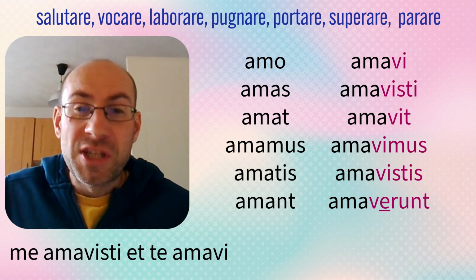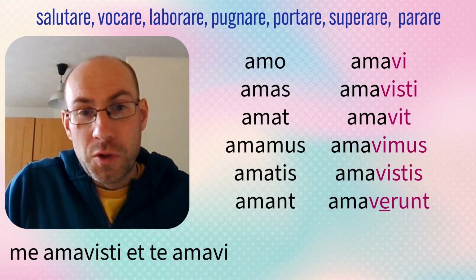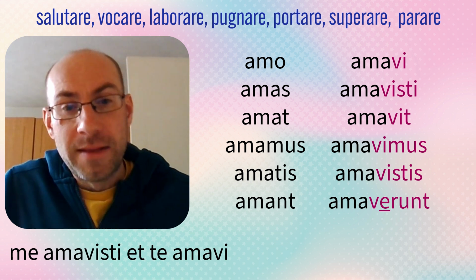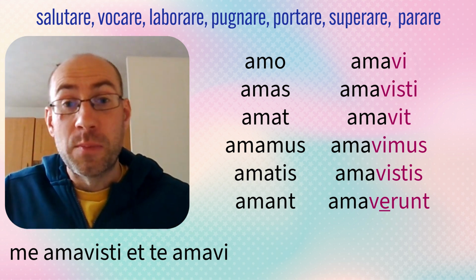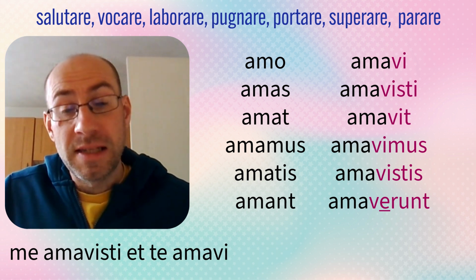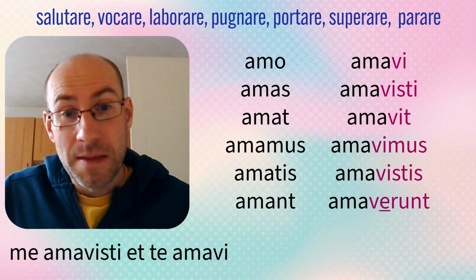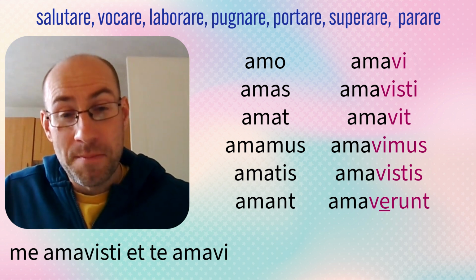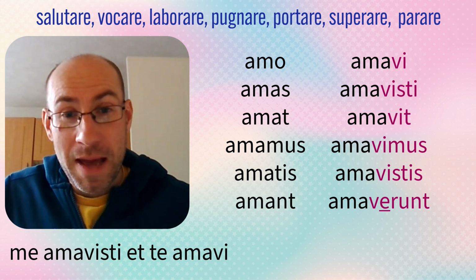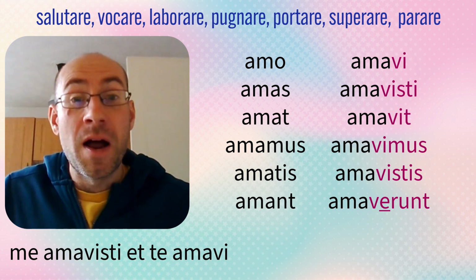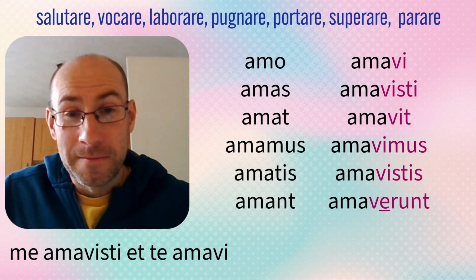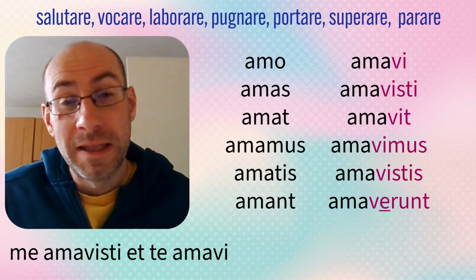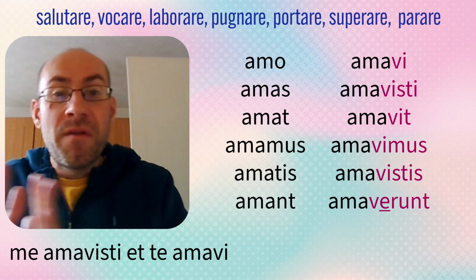Okay, let's just go back to amare, and let's do present versus perfect tense. Present: amo, amas, amat, amamus, amatis, amant. Remember, that can mean I love or I am loving, present continuous, right now, the -ing, just contained within one word in Latin, amo. Perfect tense.